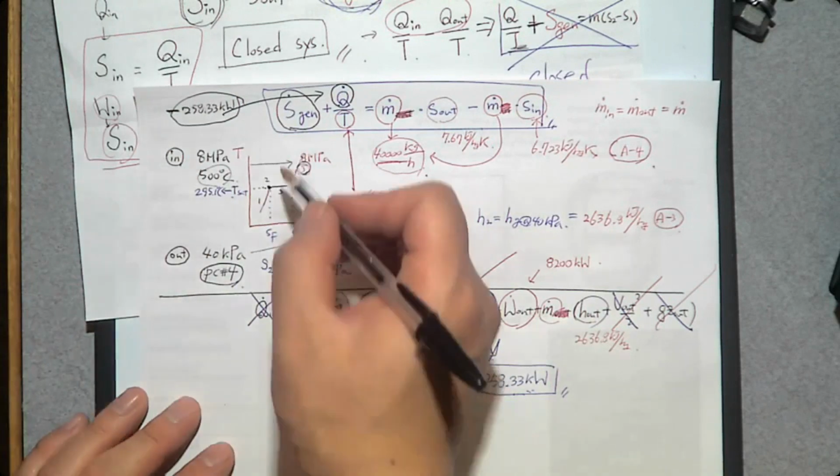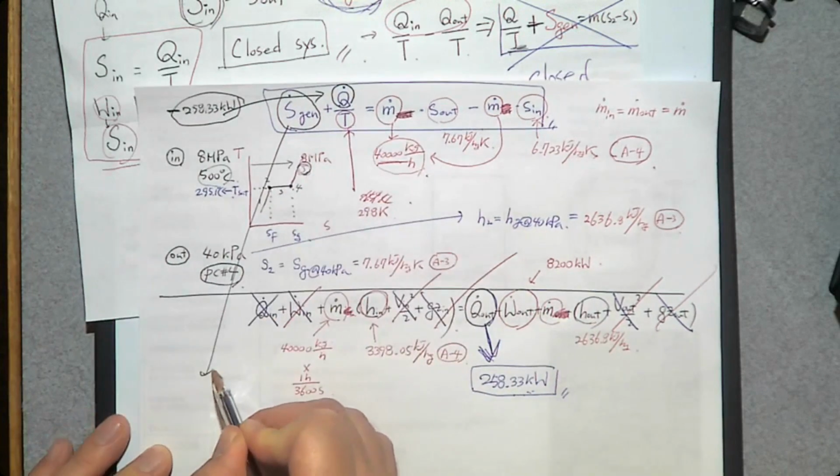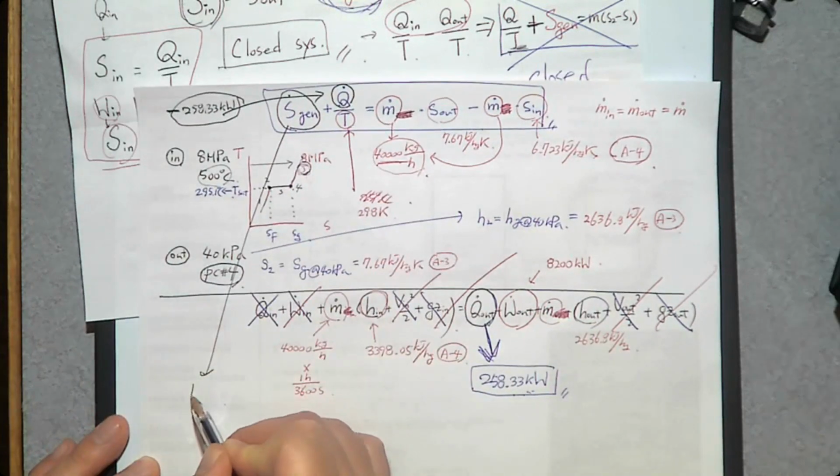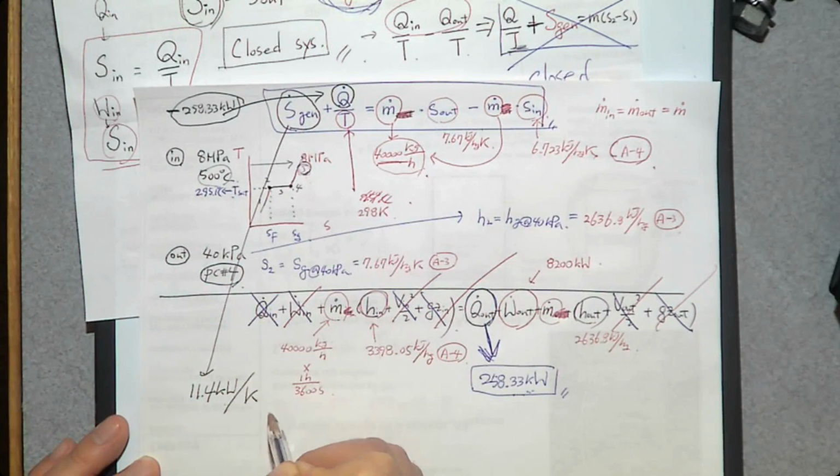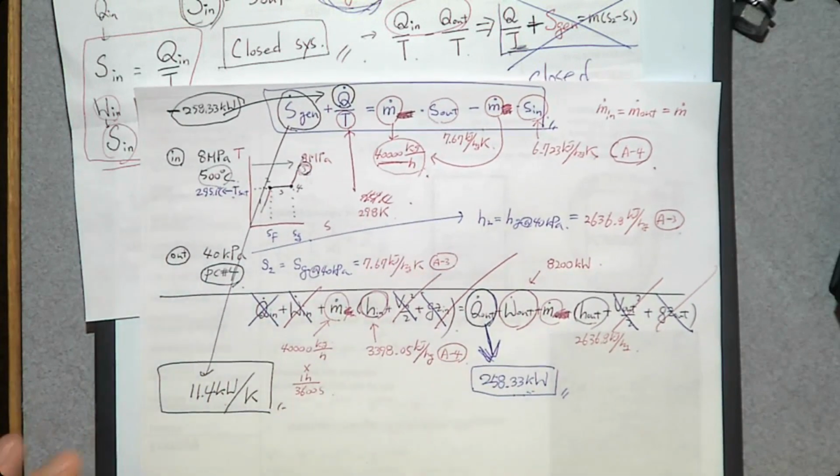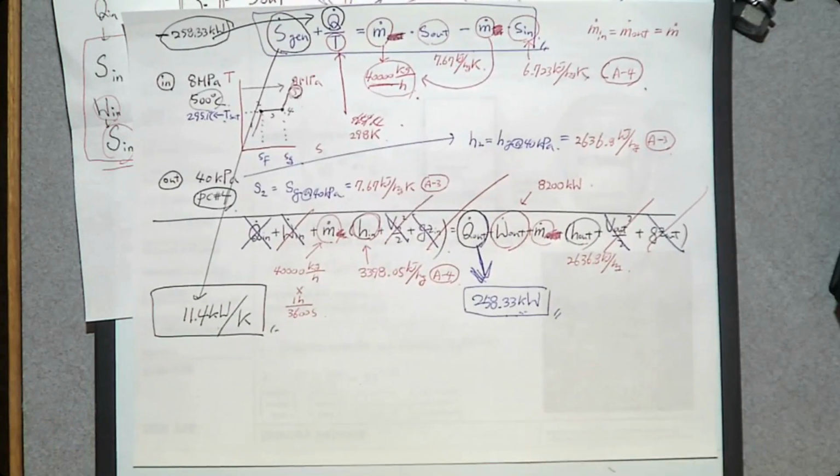Then we have everything but S dot gen. So if we do the calculation, it's going to be 11.4 kilowatt per Kelvin. Okay, that's how you solve this problem. Any question?